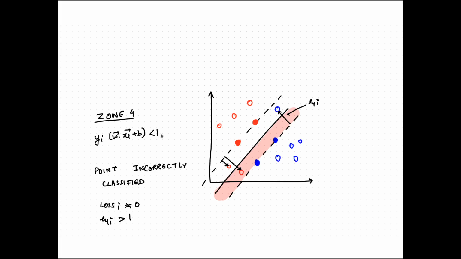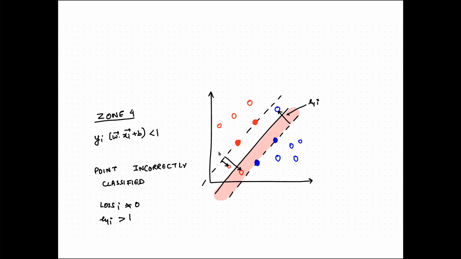Or the other way to look at this is that yi, the ground truth, is plus 1, but w x i plus b is negative, because this particular separating hyperplane is wx plus b equal to 0. Anything on this side is wx plus b less than 0. Thus yi multiplied by wx plus b is less than 1 in this case. It's negative in fact. So the point is incorrectly classified and you want to put some penalty on this, right?